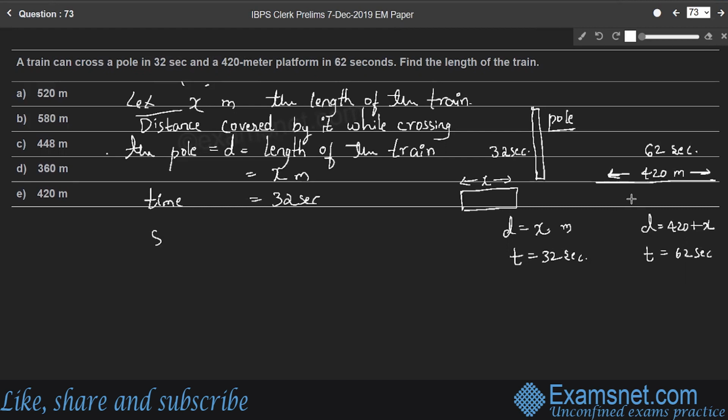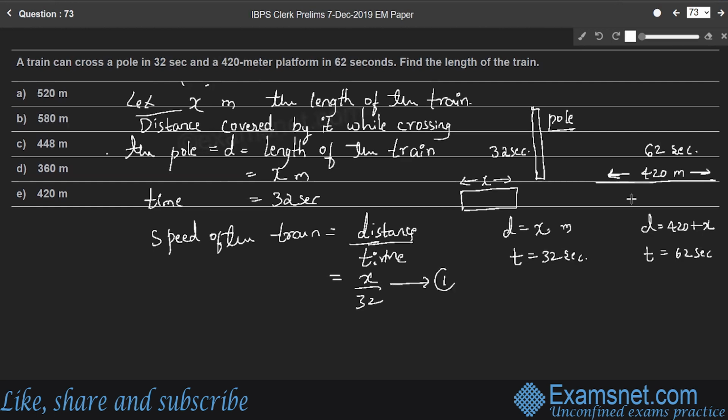Therefore, the speed of the train is equal to distance by time, which is x by 32. Consider this as equation 1.